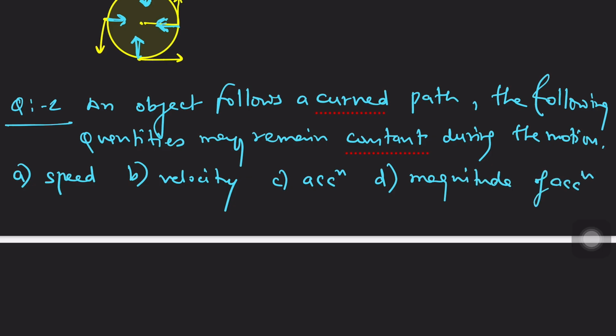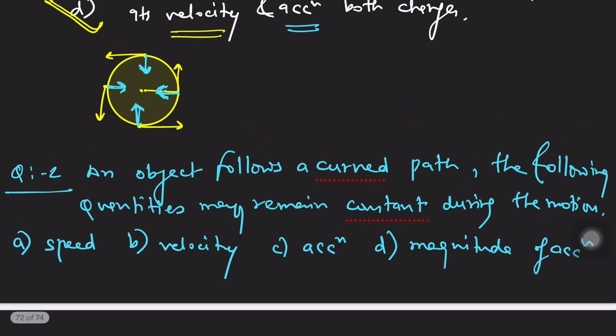So it is very simply associated with the first problem. If I take the uniform circular motion, the particle is moving on a circle. So here, if it is moving on a curved path, direction has to change.